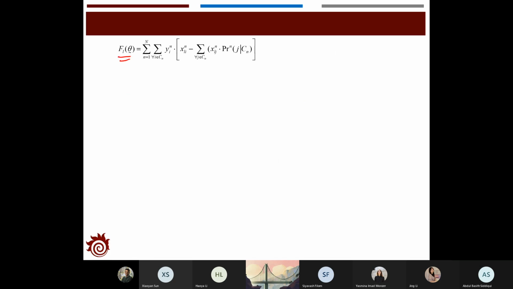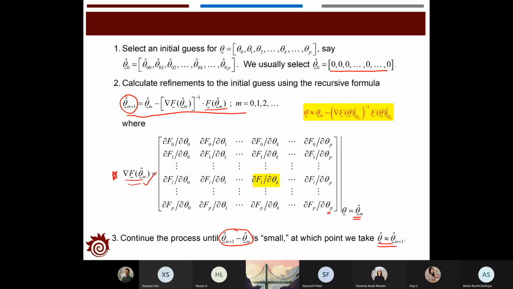Assuming we consider one cell of the f functions for the individual n, that's what the expression looks like. And now we want to find out the component of partial f_l divided by partial theta_k, which would be any random cell in this matrix.